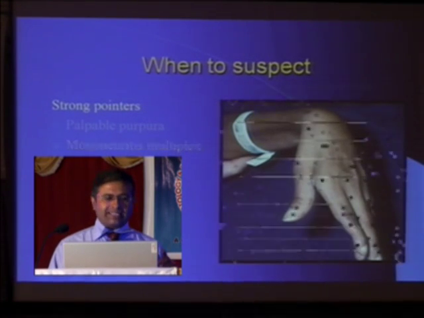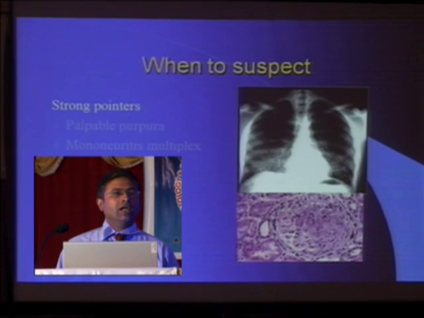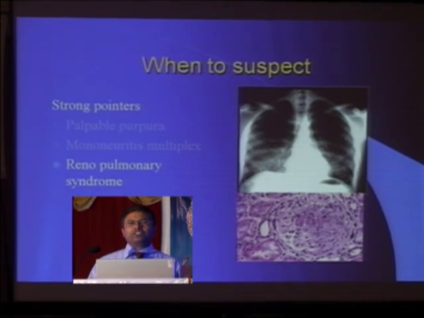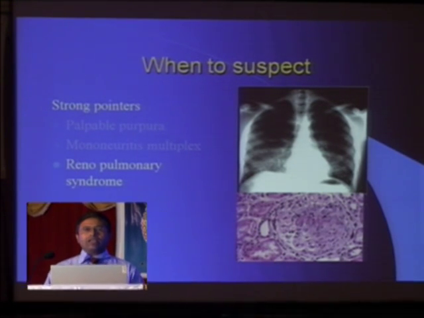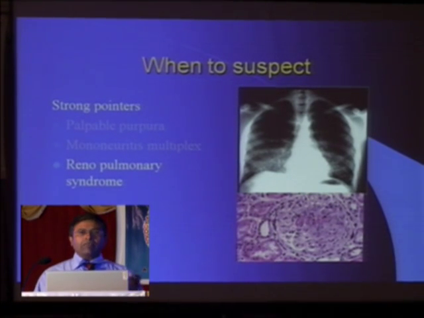The third clinical scenario is a renopulmonary syndrome. If you are just going to have lung opacities alone, hundreds of differential diagnoses. If you are going to have only some form of glomerulonephritis, again lots of differential diagnoses. Combine the two, and there are hardly 4-5 conditions which come to mind.